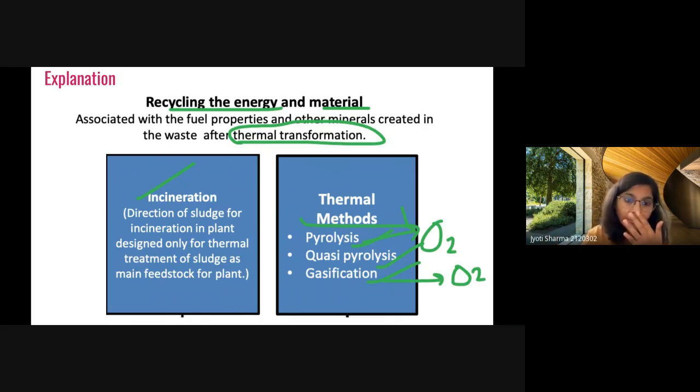And we also have incineration, where we give oxygen with high temperature, so this is kind of combustion at high temperature. So if we are burning the sludge either in the presence or absence of oxygen, we may get some energy, and we can also recycle some material, which will mostly be inorganic.